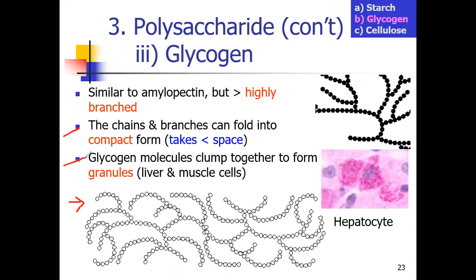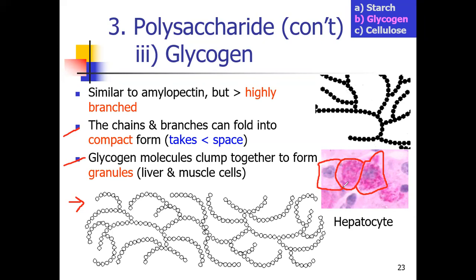Now, glycogen molecules clump together to form granules that you can see in liver cells and muscle cells. On the right side here, this is one liver cell, and this is another liver cell. You can see the cytoplasm of this liver cell is filled with pink granules, whereas this particular liver cell on the right side has no pink granules.